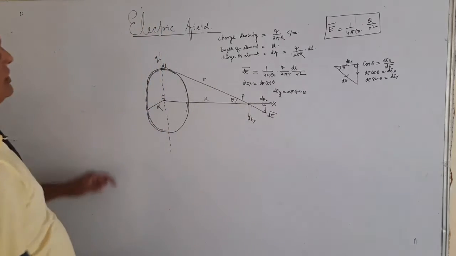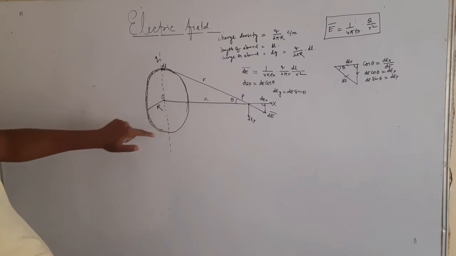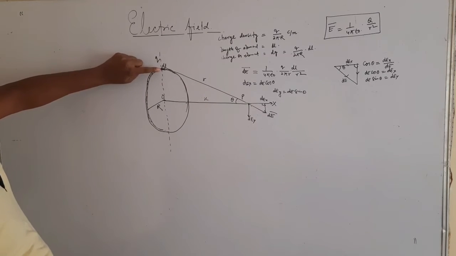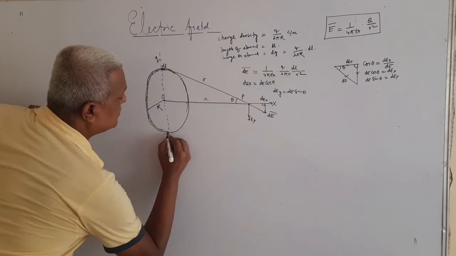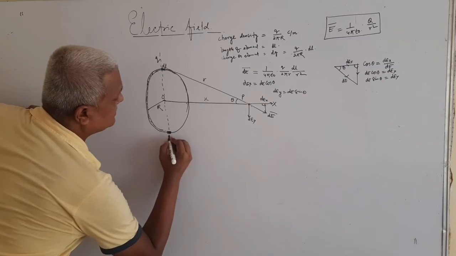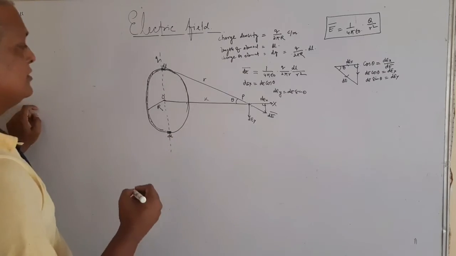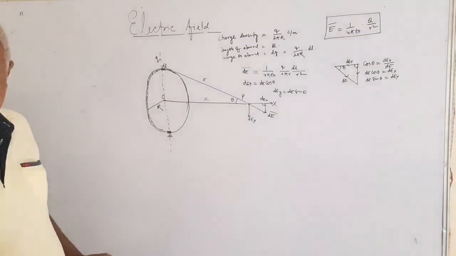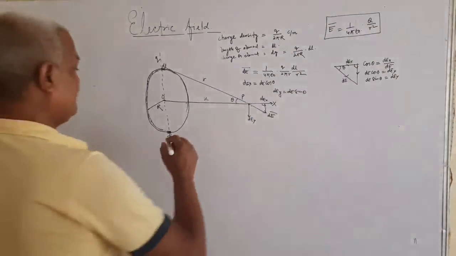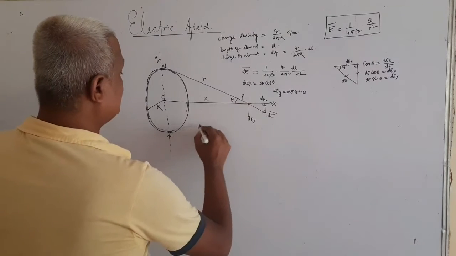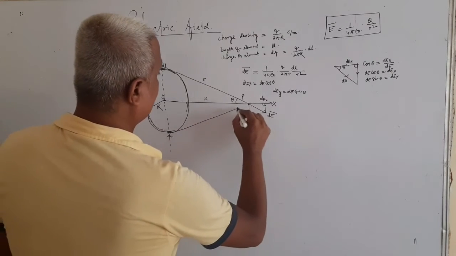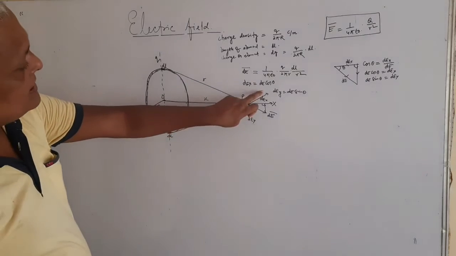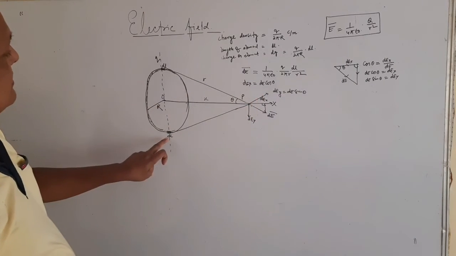Now just look at the symmetry of the diagram, because this is a circular ring. For every component here, there is one component here of the same length, dl. So if you try to find the force due to this, it will go in this direction, and that will be the electric field due to this element.